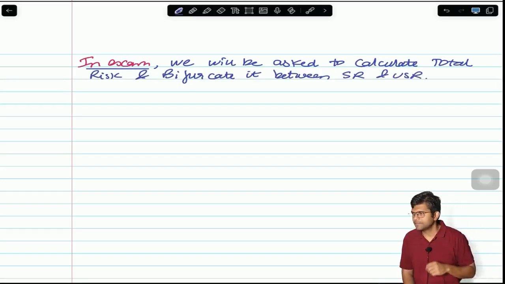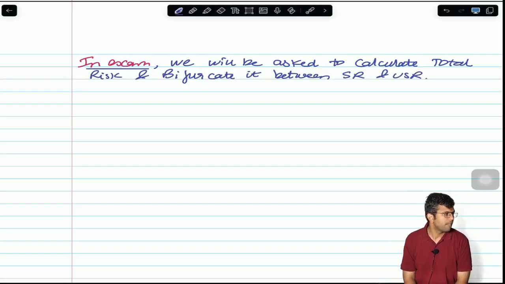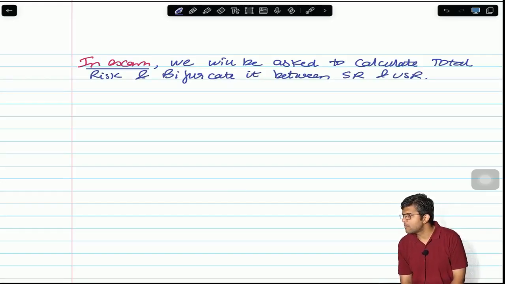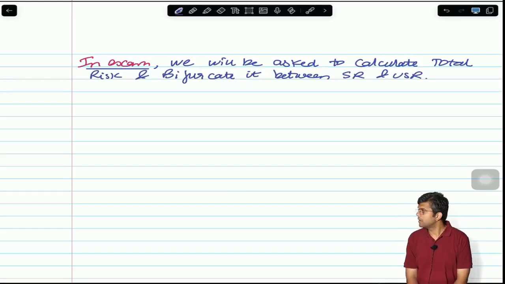Read this, please. Understood? In exam, we will be asked to calculate total risk and bifurcate it between SR and USR.